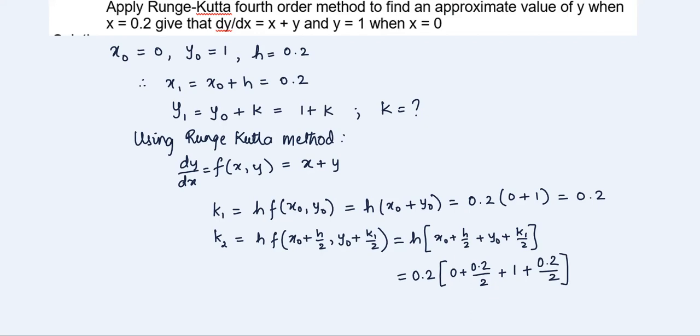This is k1. So we get 0.1 plus 0.1 is 0.2, plus 1, so 1.2. 1.2 into 0.2 is 0.24.